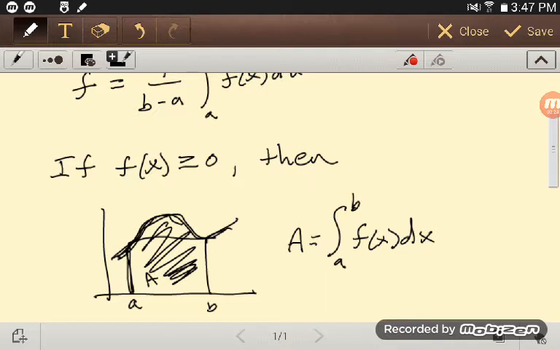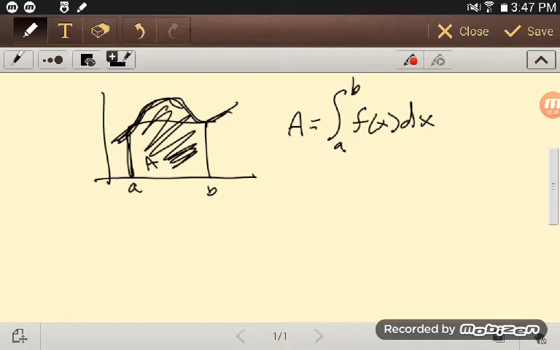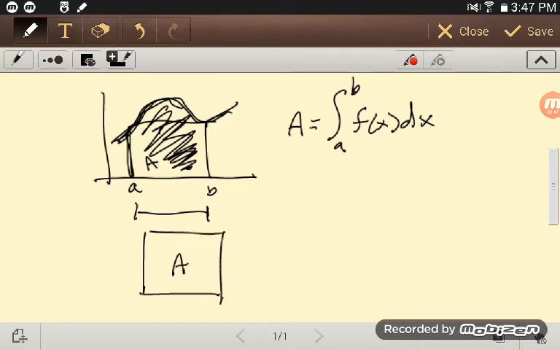But now I could ask, could you draw me a rectangle with the same area that has that same width? Sure, that's easy. How would I do that? I'd take that same width and go up here, and that has to be the area A, and here's a to b.